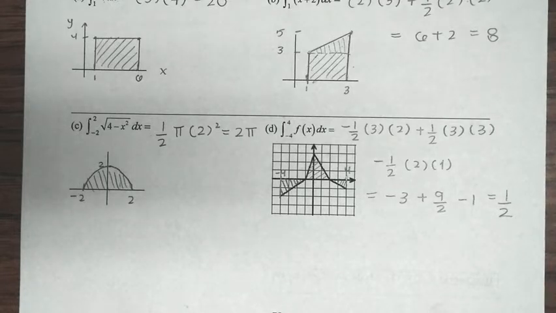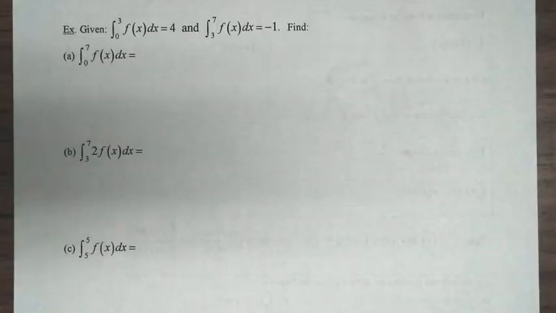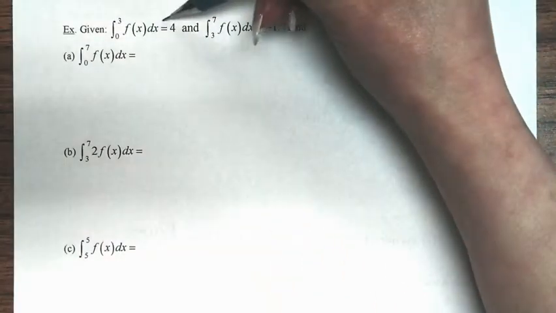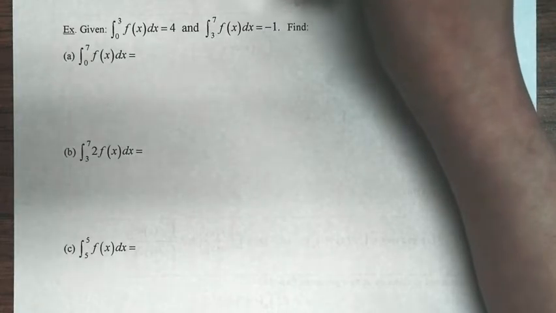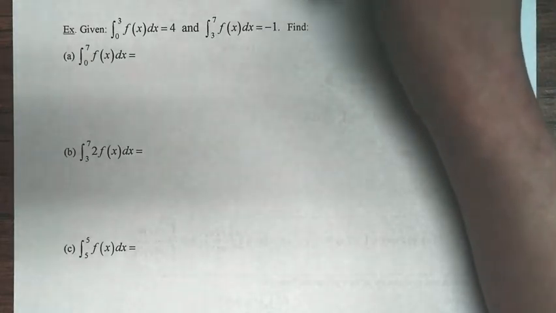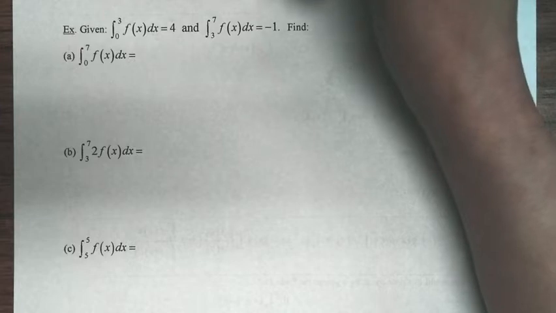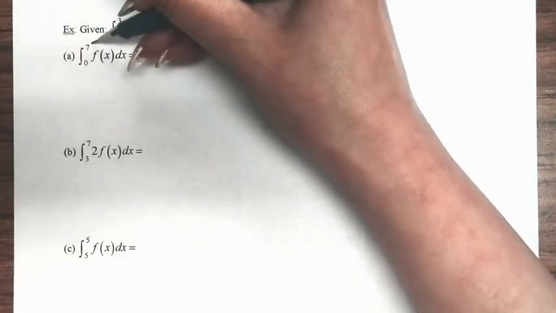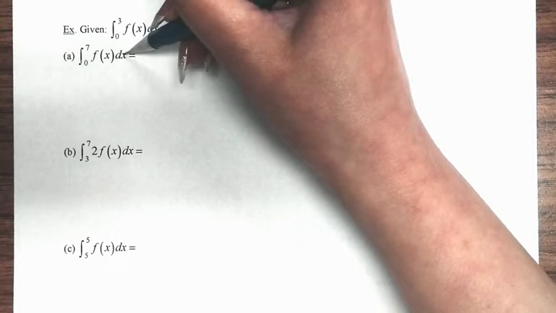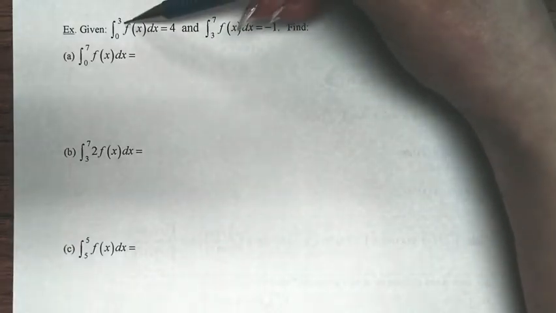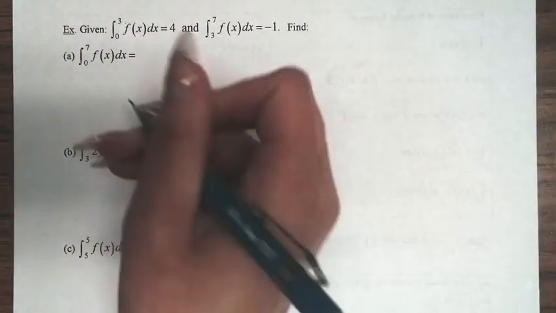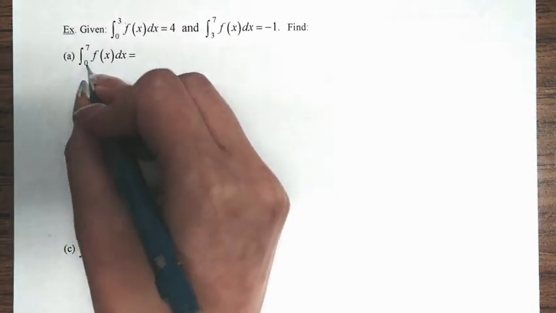Now we're going to use the properties of definite integrals. We have that the integral from 0 to 3 of f of x dx is equal to 4, and the integral from 3 to 7 of f of x dx is equal to -1. They want you to find the integral from 0 to 7 of f of x dx. The first thing I recognize is that 3 is between 0 and 7, so I can put these two integrals together.